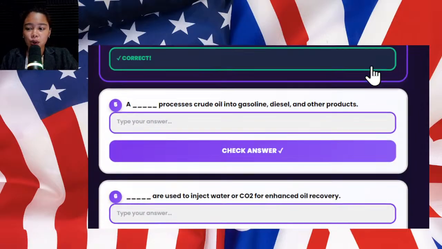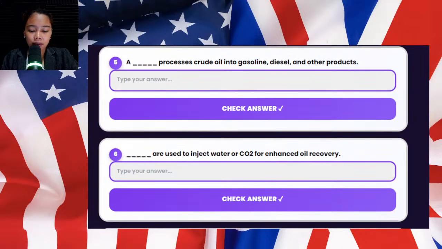Okay, next we move on to item number 5. A blank processes crude oil into gasoline, diesel, and other products. Share your answers. Okay, what is our answer here?